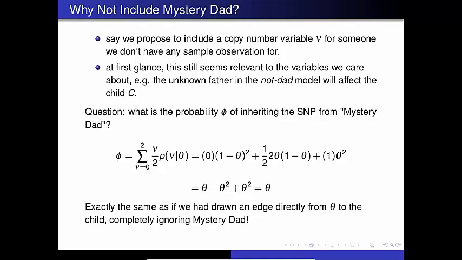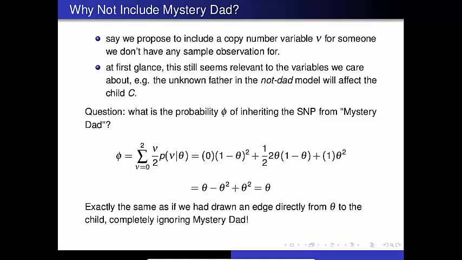Getting one copy from mystery dad, the probability of getting the SNP on that copy is just mu over 2, just like for the copy we inherit from mom. And we also have to consider the probability of getting a particular value of mu given theta. You run through the math, a couple terms cancel, and you get exactly the same thing as if you hadn't included mystery dad.